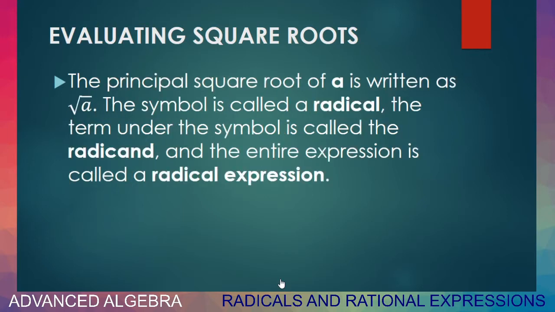The principal square root of a is written as the square root of a. So, the symbol is called a radical. The term under the symbol is called the radicand. And the entire expression is called a radical expression. So, ipaliwanag natin yan sa ating whiteboard para mas maintindihan nyo.